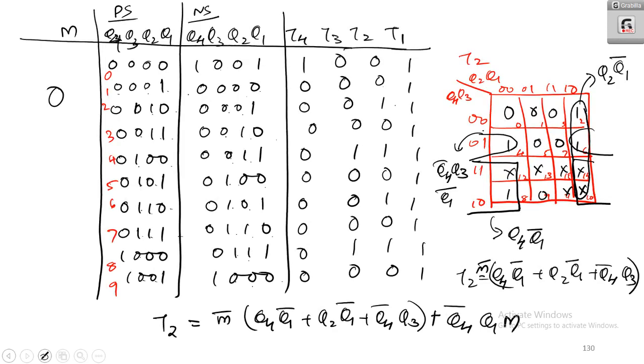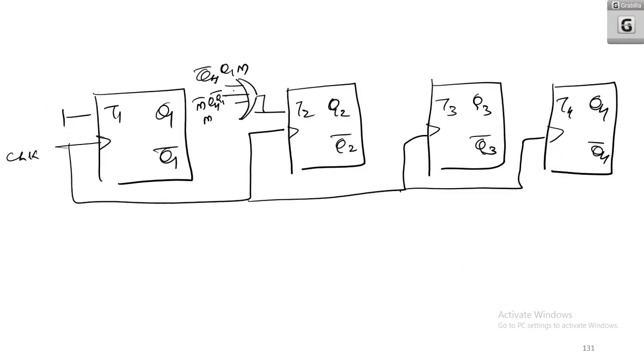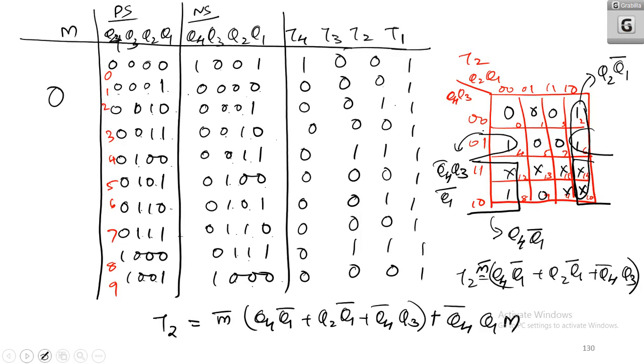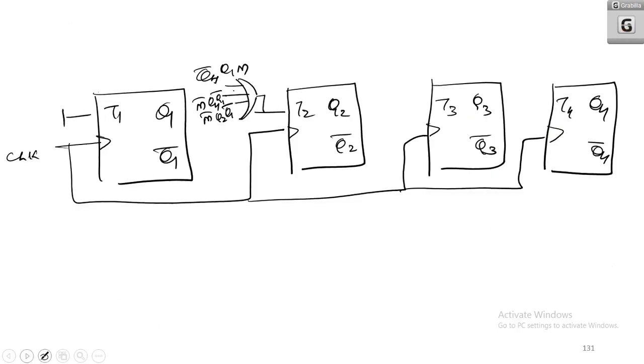Then M bar Q2 Q1 bar. Then M bar Q4 bar Q3. So we get T2.